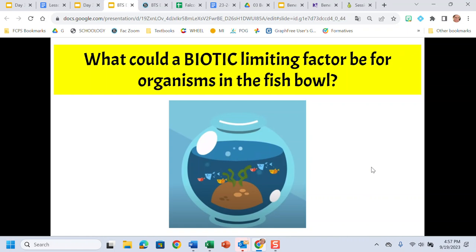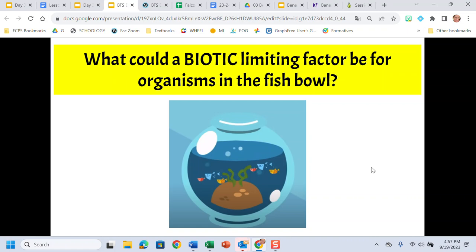So if we want to think about biotic limiting factors, oops, did I say food for abiotic? Food is not an abiotic limiting factor. I hope I didn't say that. Food is a biotic limiting factor. And other biotic limiting factors could be predation.